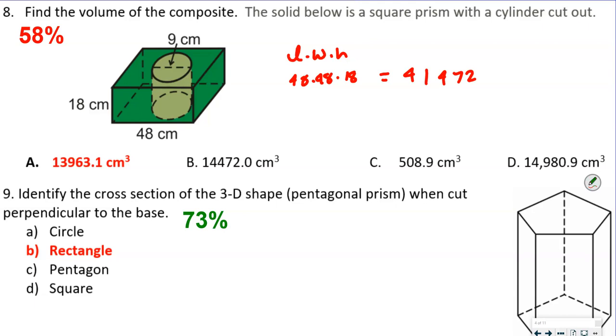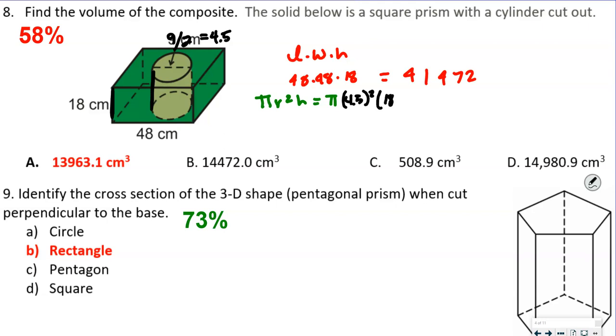Then we're going to find the cylinder, okay? So the cylinder is going to be pi r squared h, right? So this is going to be pi times, now we don't have r right now, do we? We have this 9, so we're going to divide that by 2, so that's going to be 4.5, right? So we're going to do 4.5 squared times our height, and what's our height? It's the same as this. These heights are the same, right?